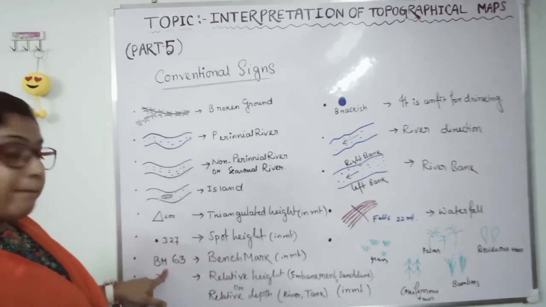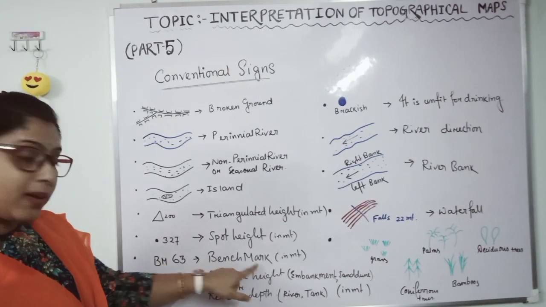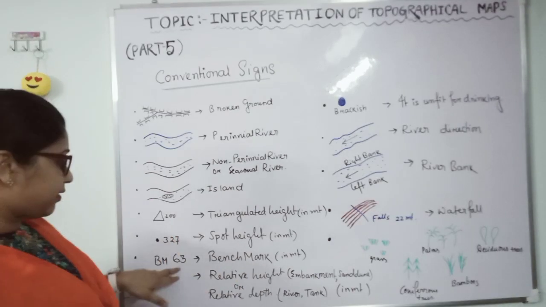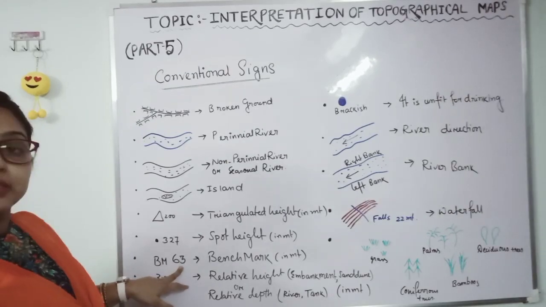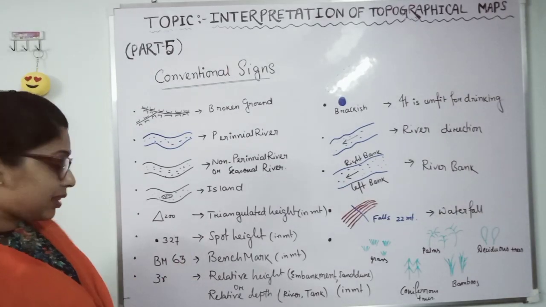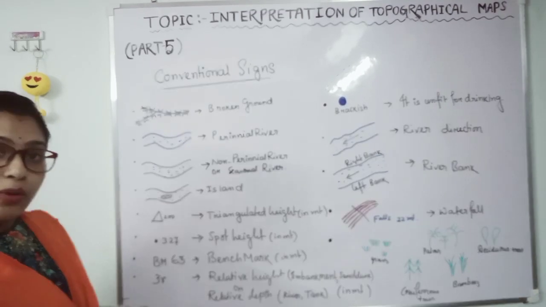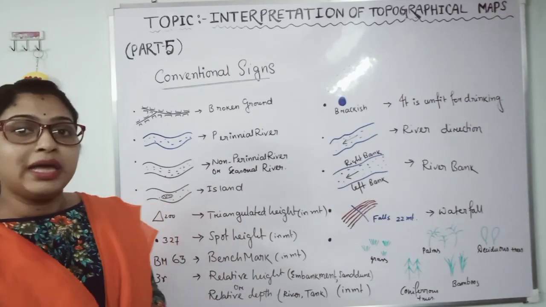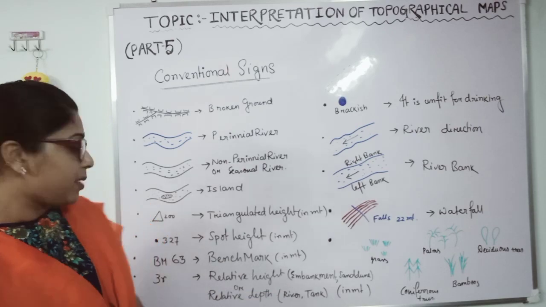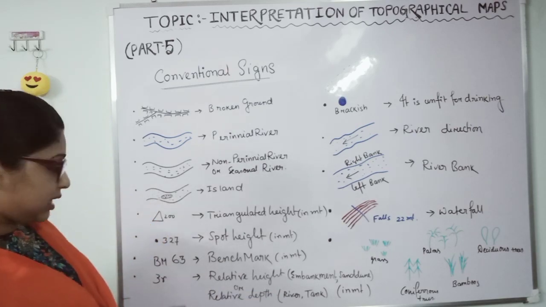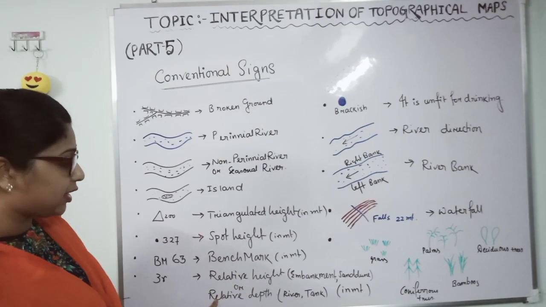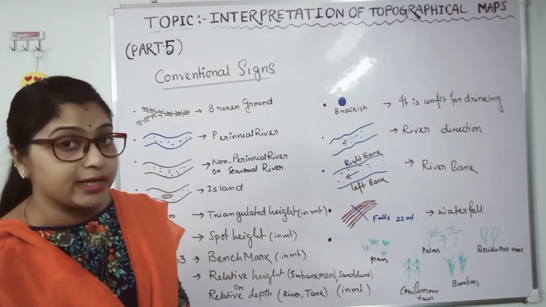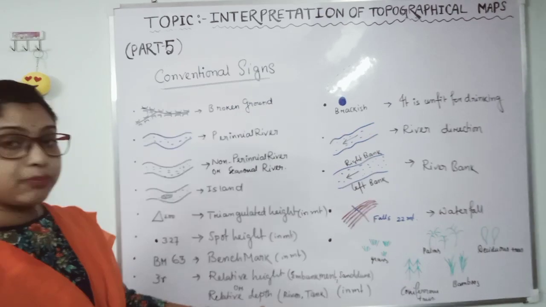Then BM. BM means benchmark, and benchmark is always shown above sea level. Here the benchmark is 63 meters. Then 3R. You can see this kind of 3R, 4R, 5R throughout the topo map. So what does it mean? It means relative height and relative depth. But in which case do we write relative height and in which case relative depth?